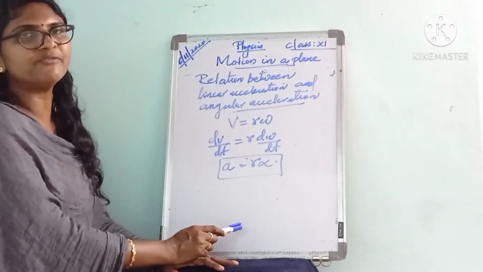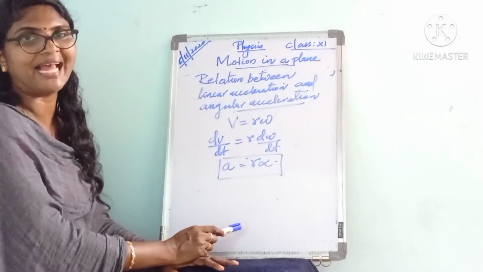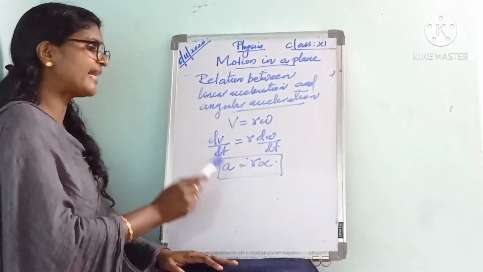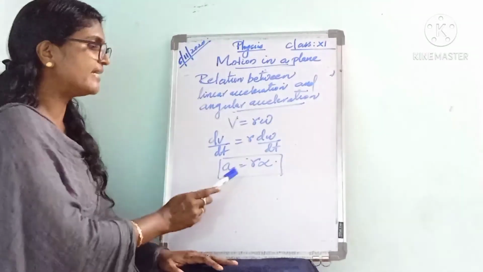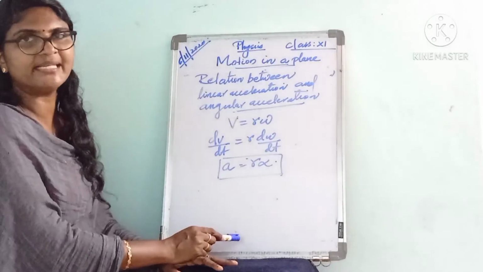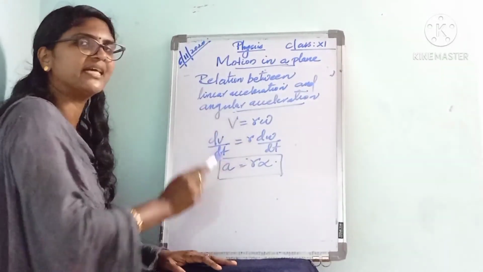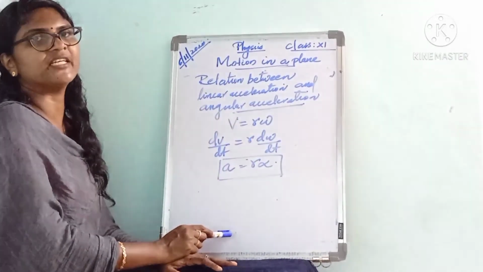The rate of change of velocity is acceleration a, and the rate of change of angular velocity is angular acceleration alpha. So linear acceleration is equal to angular acceleration into radius, that is a equal to r alpha. That is the relationship between linear acceleration and angular acceleration.